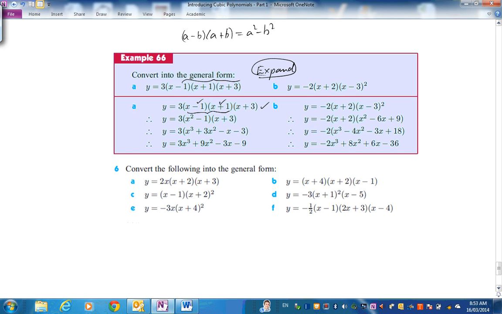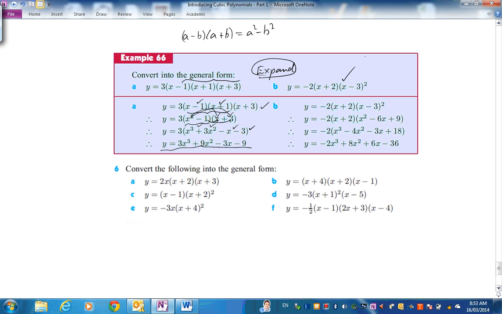Okay, so then we've got this one done, and then you can do expansions. FOIL that one by that one, that one by that one, gradually writing the terms down. This one by this one, etc. Okay, and then collecting them up, we get the final expanded or general form.